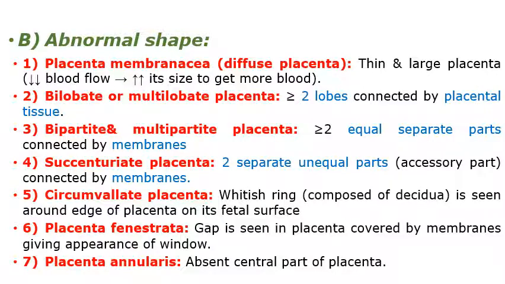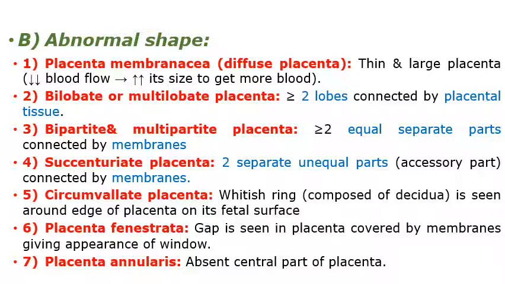They may be bipartite or multipartite placenta, two or more equal lobes, but they are separated by membrane. And succenturiate placenta has two separate unequal parts, with a small accessory part, and they are separated by membrane also.